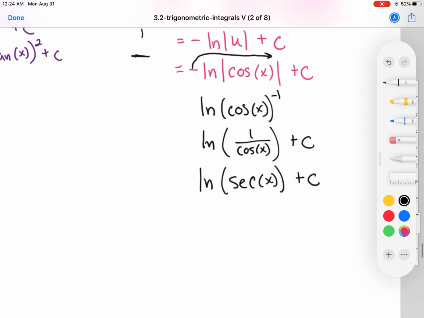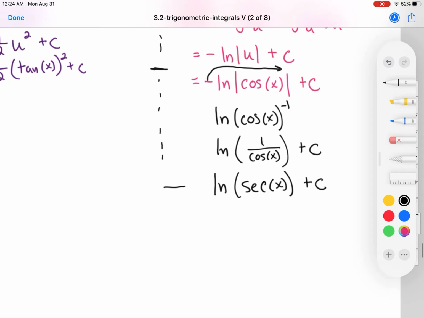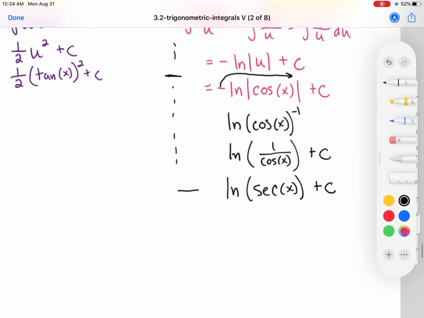So now that I have that simplified over there, I still have my negative out front, and then I have my purple side that I'm going to go ahead and copy down right next to it. So I have 1/2 tangent squared x plus c. Now if your question is what do I do with the plus c's, just add them together.